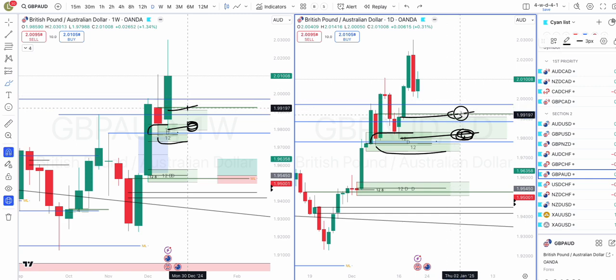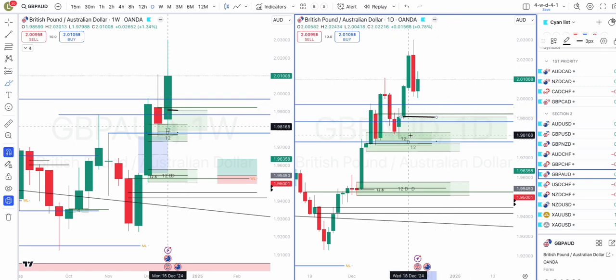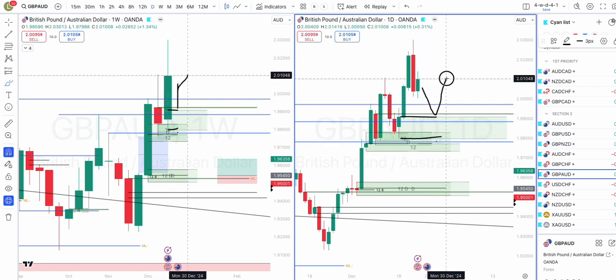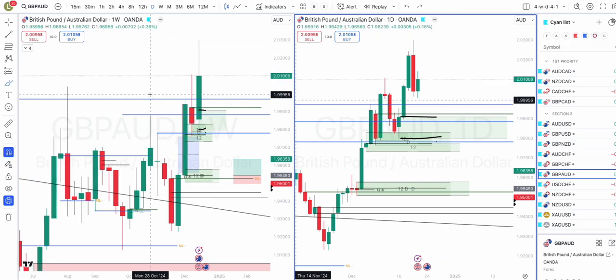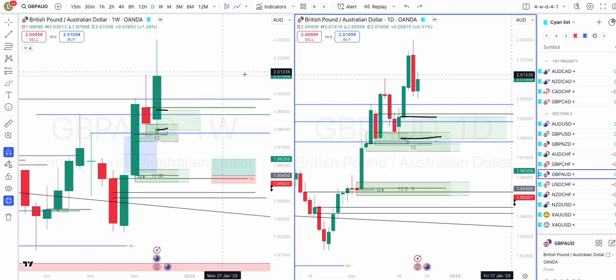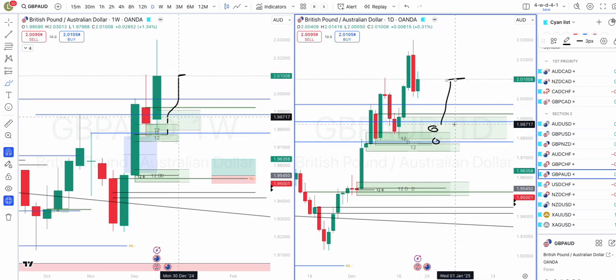If I try to enter with this daily block, daily demand, the problem is maybe I will not get my 2RR unless you're very confident that it can break this. And right now, I'm not feeling confident with that. So I would rather let it come in this region, and try to target this to get my 2RR.